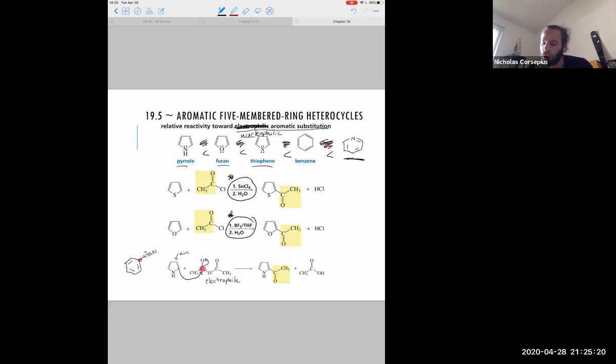The whole idea is that the ring's behaving as a nucleophile, so having a lot of electron density in the ring is good. But if the ring's behaving as an electrophile, having a lot of electron density there is bad. So the ranking has to do with how much electron density is bouncing around within that ring.